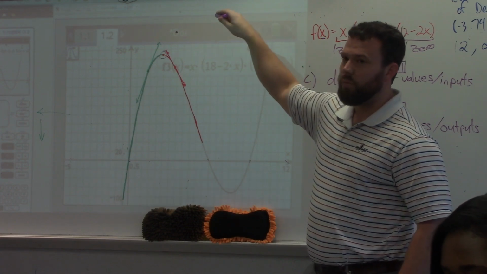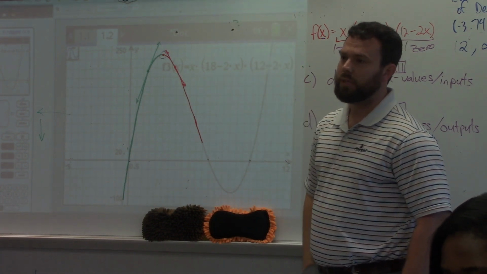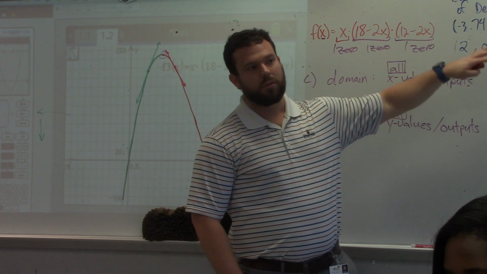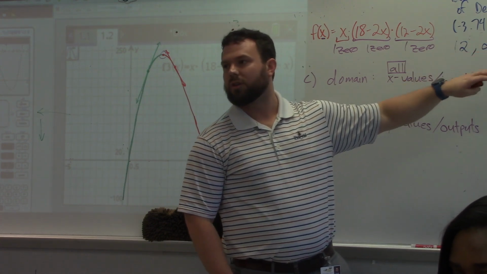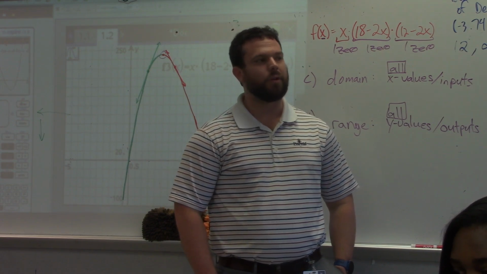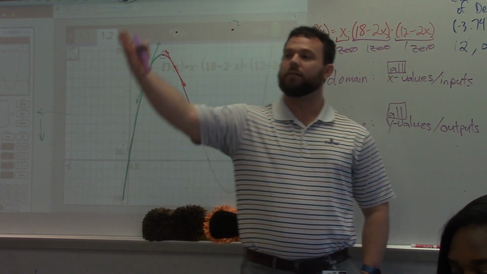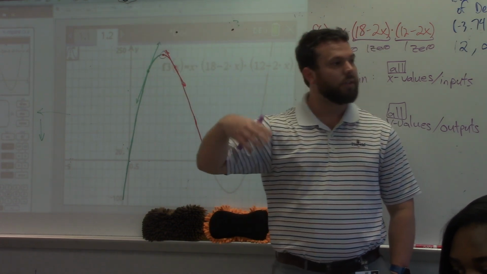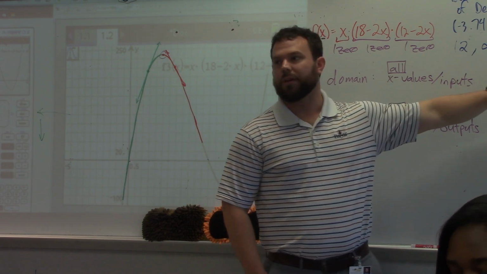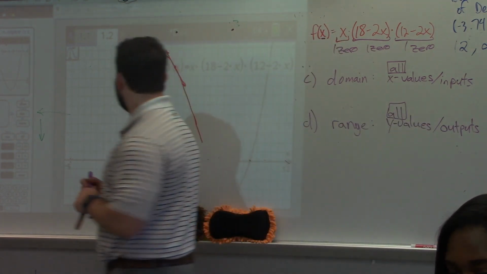So, is that a high point or a low point? High point. Looking over here at this wording, what word would I use to describe a high point? A maximum. Listen, if it's a high point, what are we going to call it? A maximum.